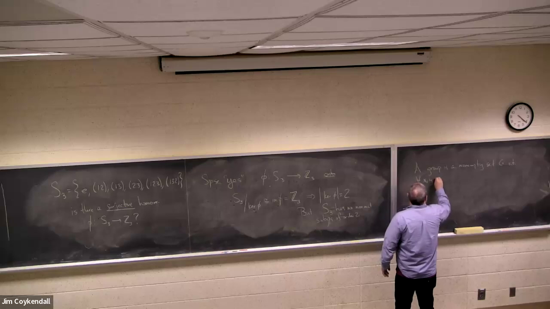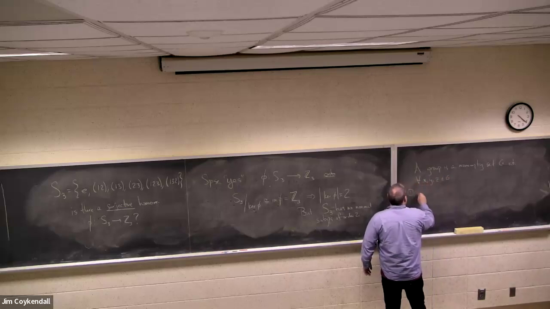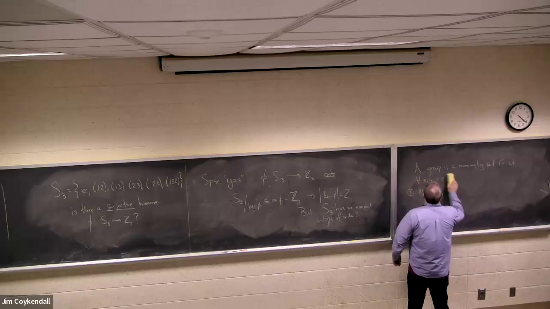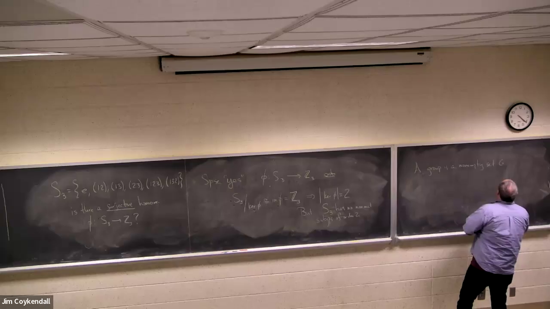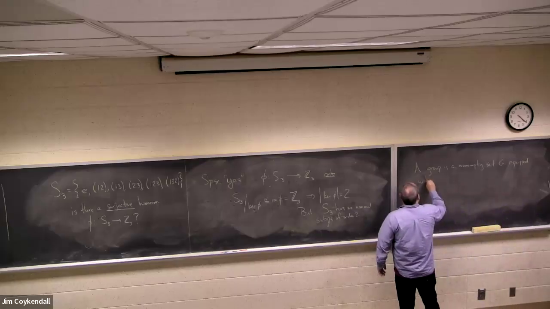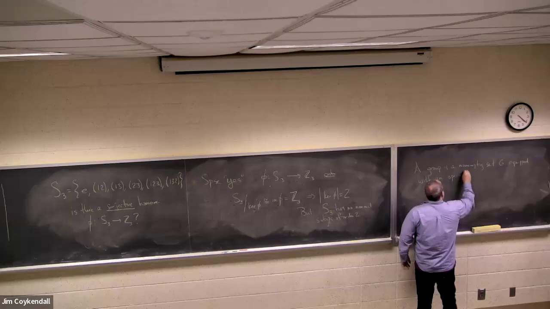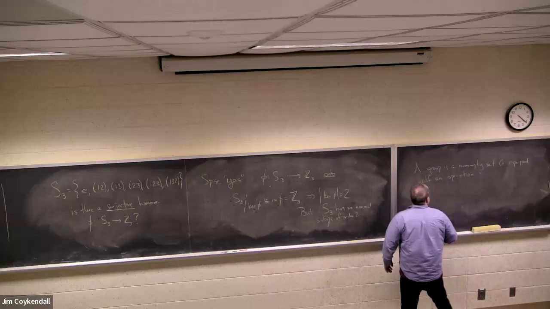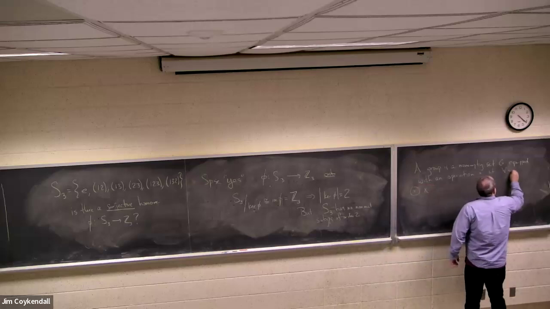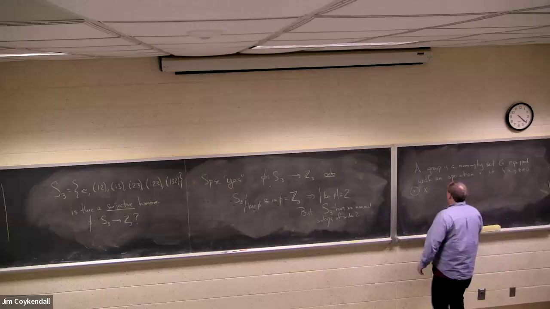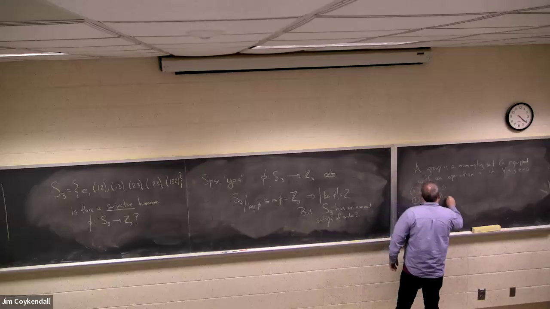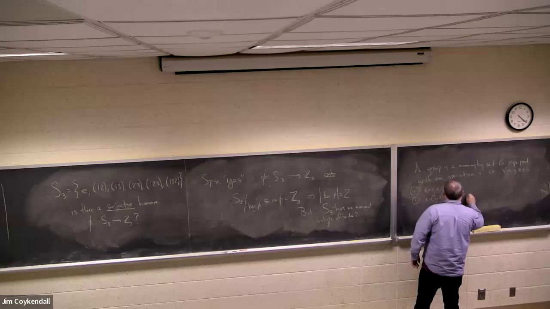A group is a non-empty set G equipped with an operation, such that one, for all x, y, z in G, x circle y is in G, and (x circle y) circle z equals x circle (y circle z).